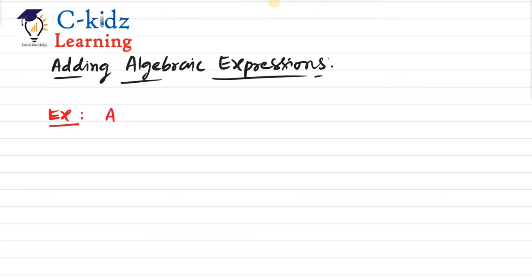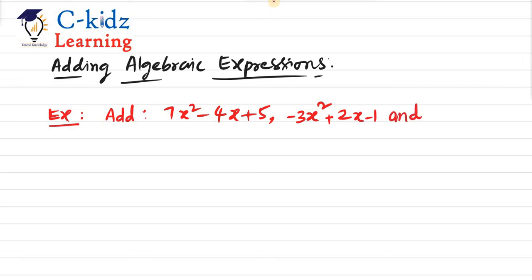The question will be given like this: add 7x square minus 4x plus 5, minus 3x square plus 2x minus 1, and 5x square minus x plus 9. Here a total of 3 expressions are given, separated with commas. So we have to add them.